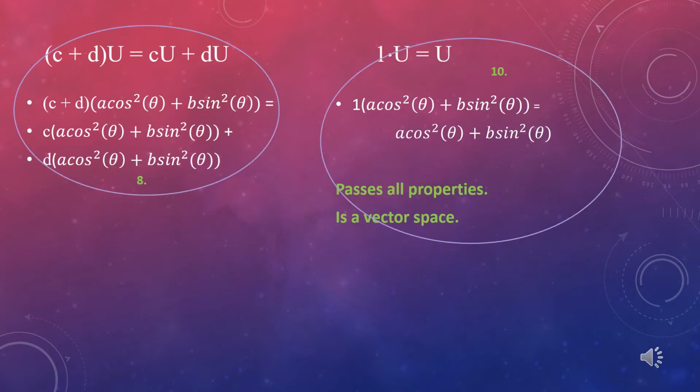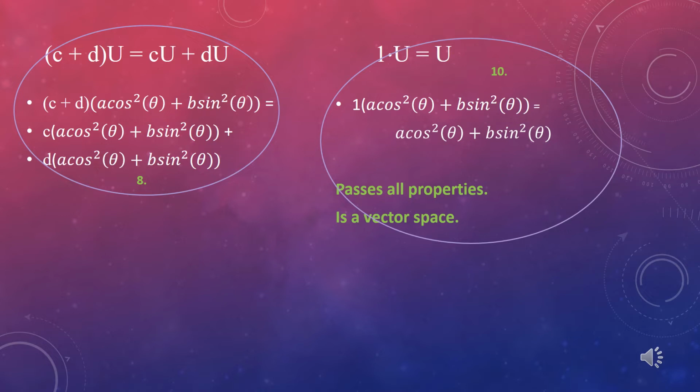Then if I added two scalars together and multiplied by a vector, it will be the same result as if I individually multiplied the vector by those scalars and then added. So rule number 8 does hold true for the objects of my form, a scalar times cosine squared plus some scalar times sine squared.